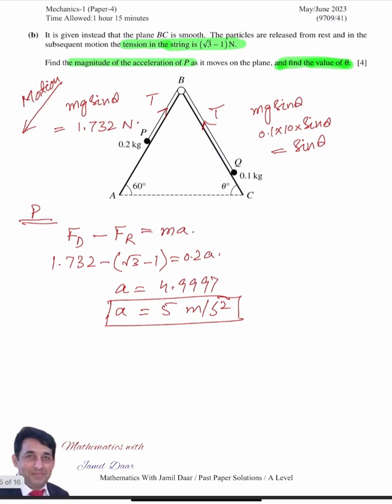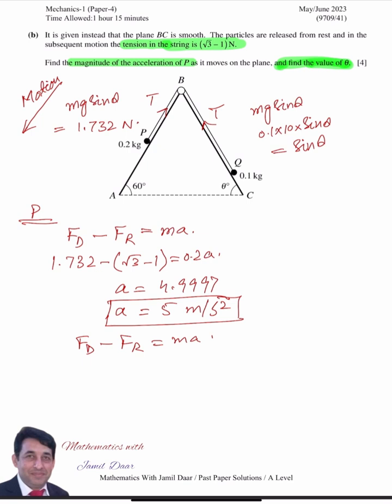We got the acceleration. Now we have to find out theta, so we'll use this function. In this one, tension is the driving force, and the inclination force of Q is the resistance force. So force driving minus force resistance is equal to MA.